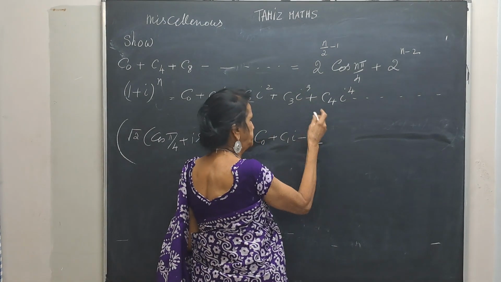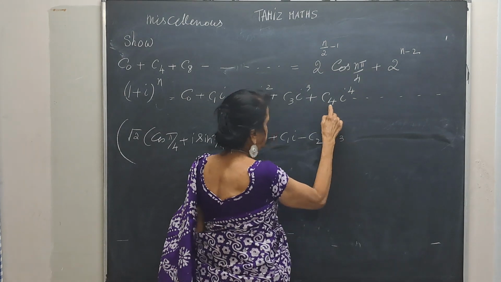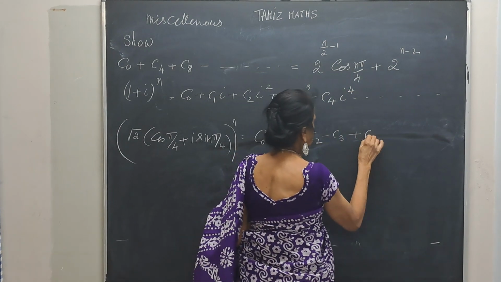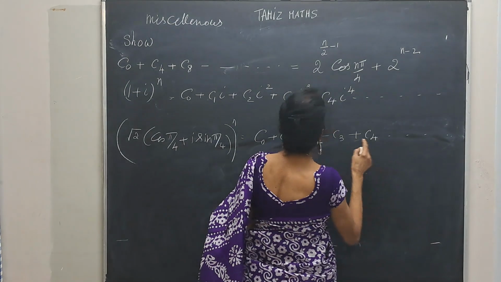This is i square into i, minus C3 i. This is i power 4, that is plus 1. It will go like that, C4 and so on.